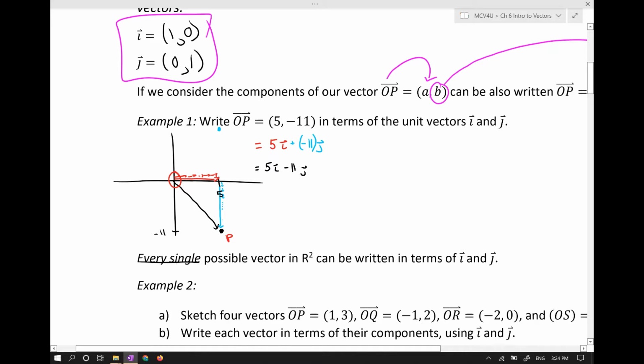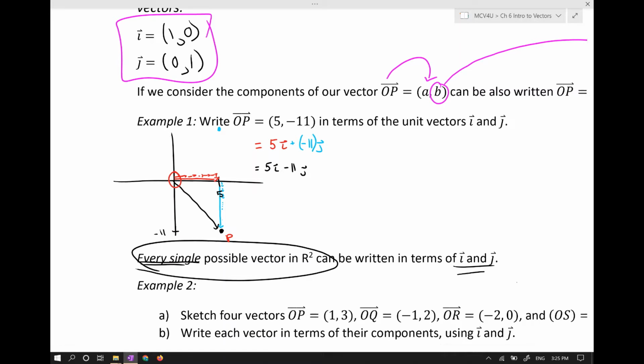Now every single possible vector in R2, which is in 2 space, which is using an x and a y axes, can be broken down into i and j, because every single vector could be written with its tail at the origin.